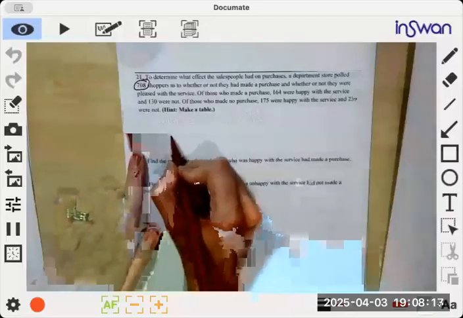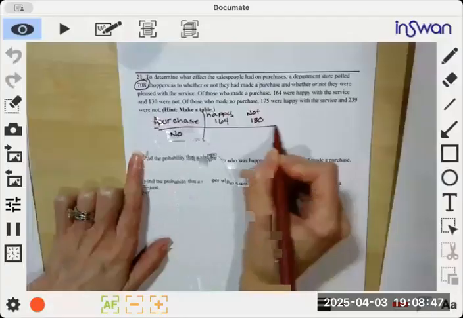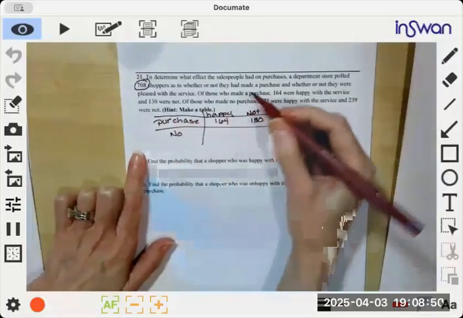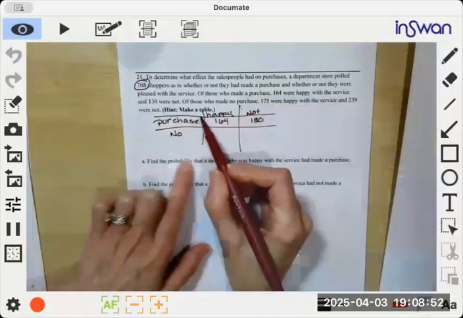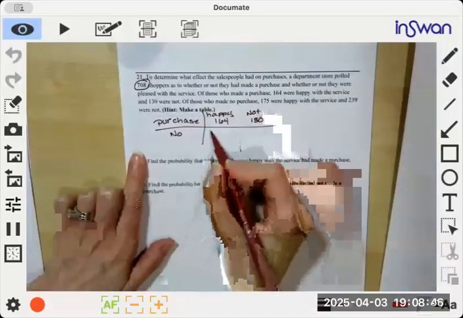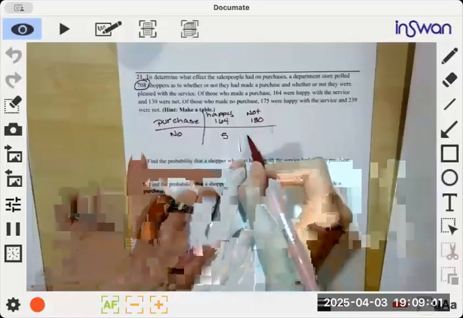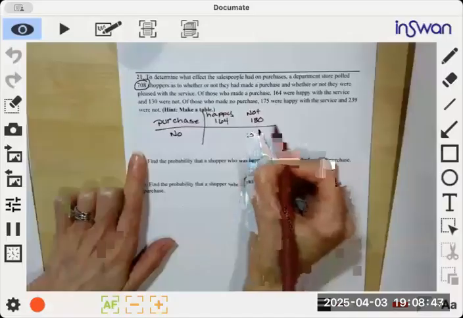Of those who made no purchase, so no purchase, 175 were happy, and 239 were not.